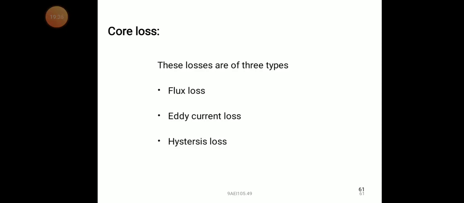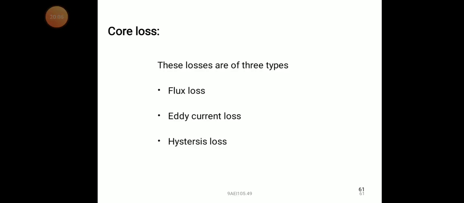First one is the flux losses, second one is the eddy current losses, third one is the hysteresis losses. These three losses occur because of the core, and are called the core losses.